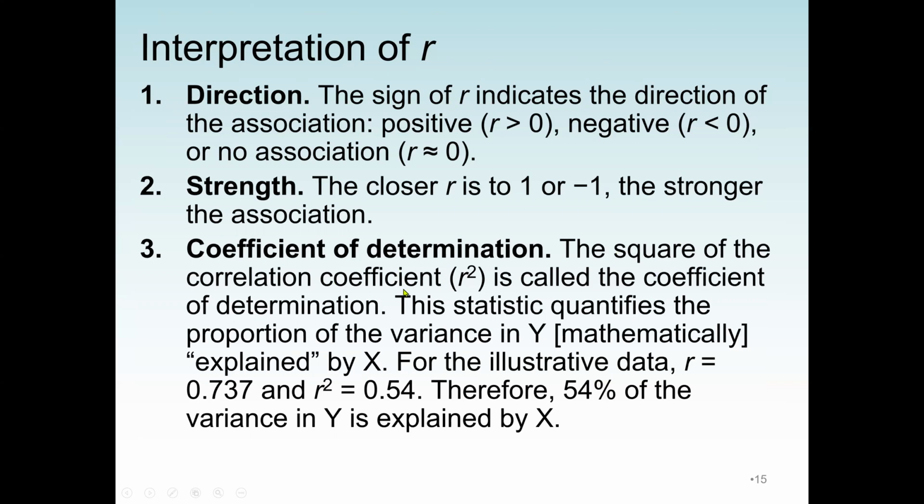This statistic quantifies the proportion of variance in Y mathematically explained by X. For example, if R is 0.737 and we find R squared, the coefficient of determination, we square 0.737 and get 0.54. Then we can say that 54% of the variance in Y is explained by X.